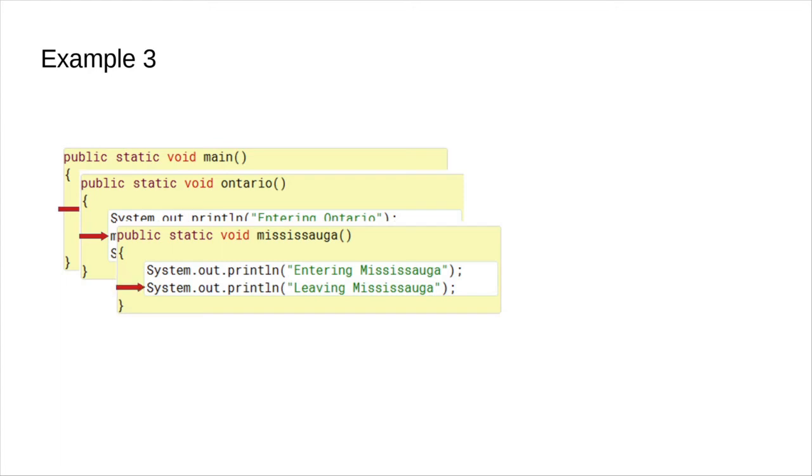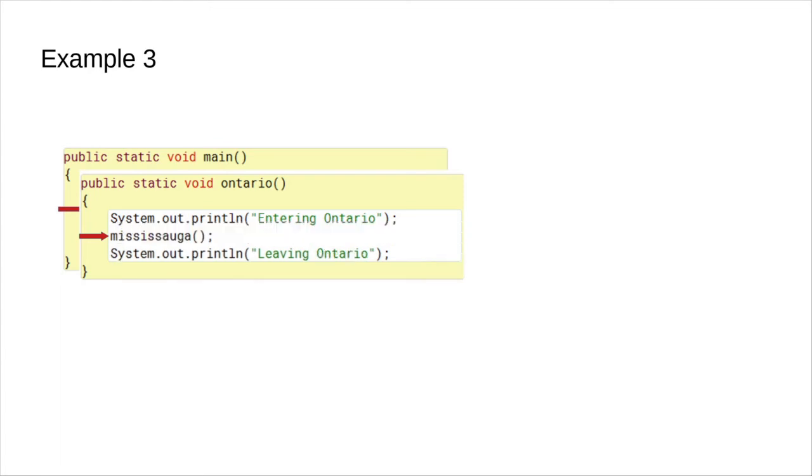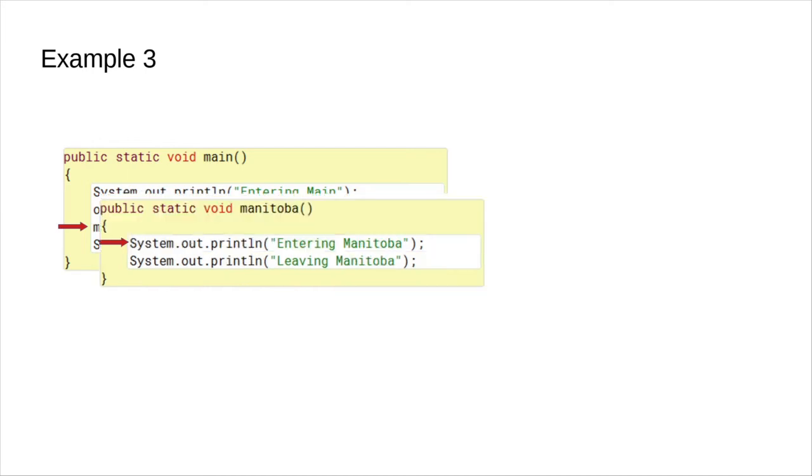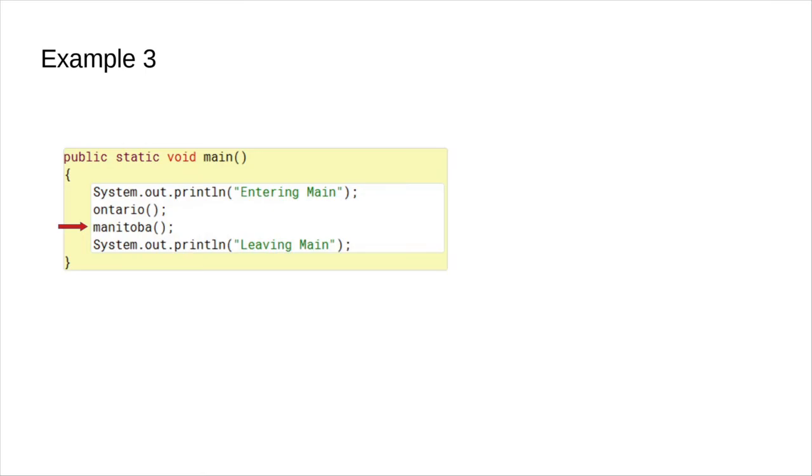We're going to execute all the lines of code in that method, and then we will return back to Ontario. Once that finishes executing, we can execute the next line of the main method, which again is another method invocation. And so we put that method on the stack, and we complete its lines of code.